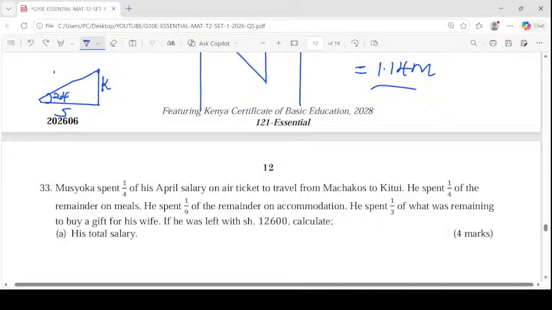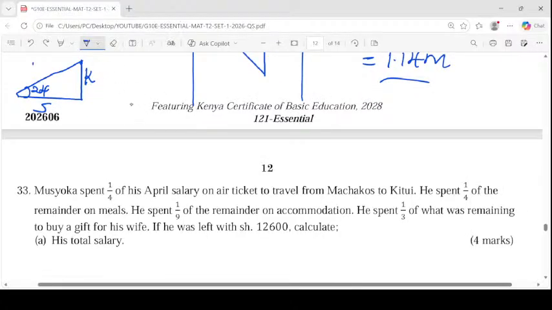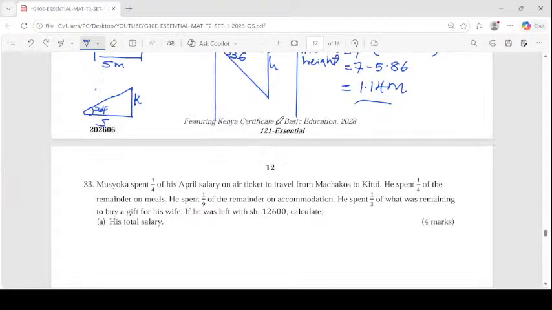Okay, this one we finished it well. I don't know why the pen is trying to misbehave, but let me fix. I'm sorting out the issues with my pen.